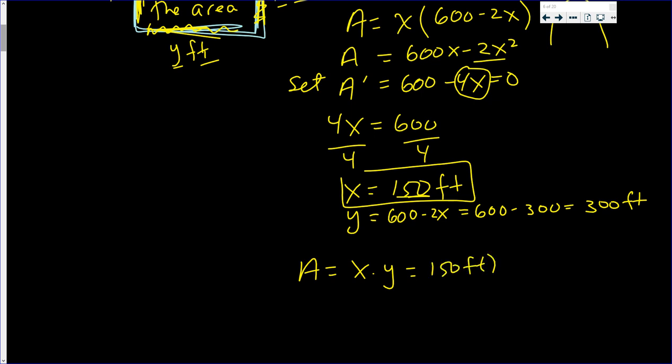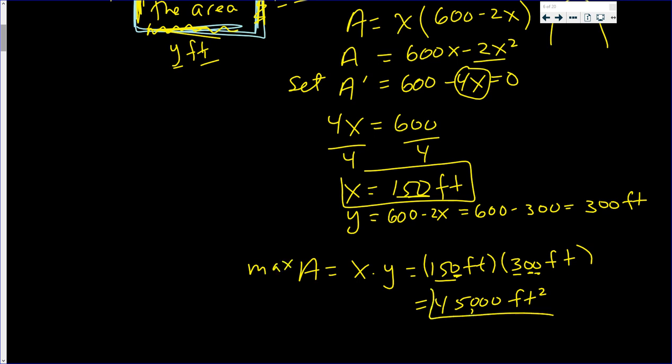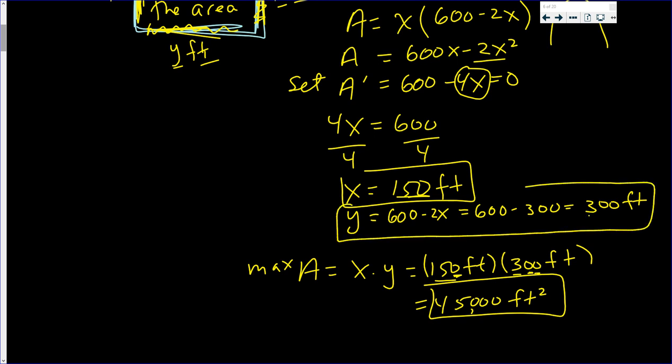Well, 15 times 3 is 45 with 1, 2, 3 zeros. Foot times foot. So you can get the max area is 45,000 square feet. And how do you do that? Well, you let y be 300 feet and x be 150 feet.